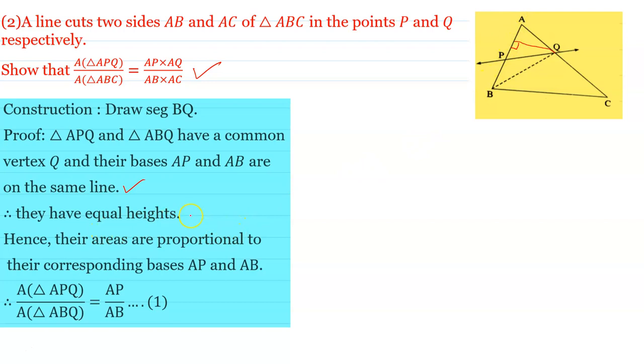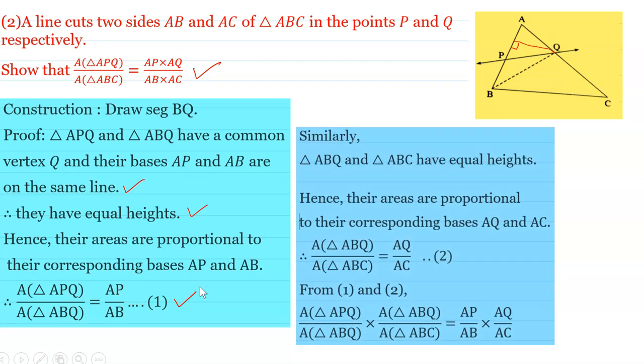Therefore, they have equal heights. Hence, their areas are proportional to their corresponding bases AP and AB. त्यांची height कशी आहे? The same आहे. Therefore, the area of triangle APQ upon area of triangle ABQ is equal to AP upon AB, and this is the first part.